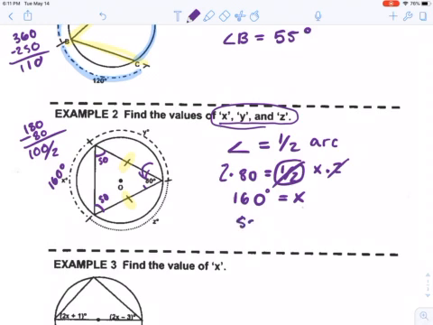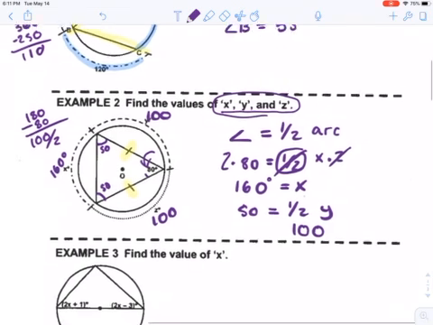In this case, 50 is half of y? Well, half of what number is 50? Half of 100. So y is 100, and again, z is congruent, so it's 100. And one way to check your work is to add them all up. 100 plus 100 plus 160. Does that equal 360? Yes, it does.